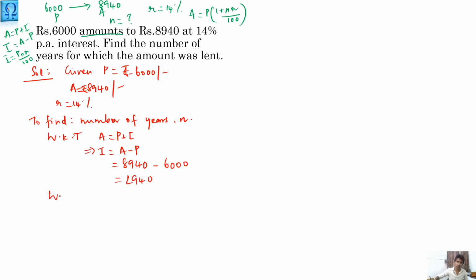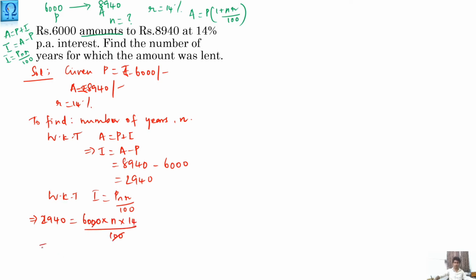And also we know that I is PNR upon 100, right? So you have 2,940, which is 6,000 times n, where n is unknown, and R is 14 upon 100.